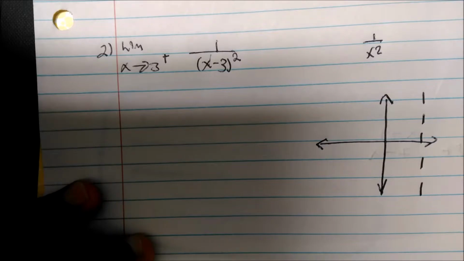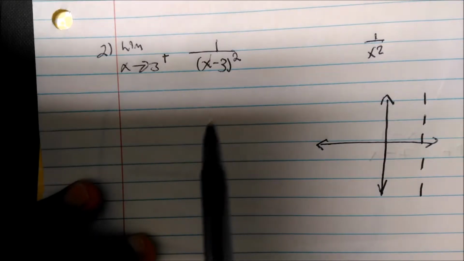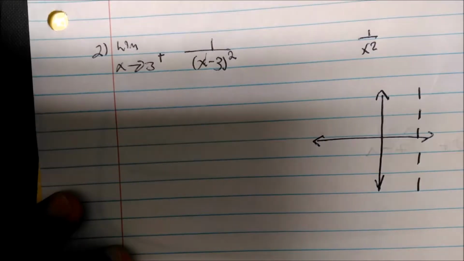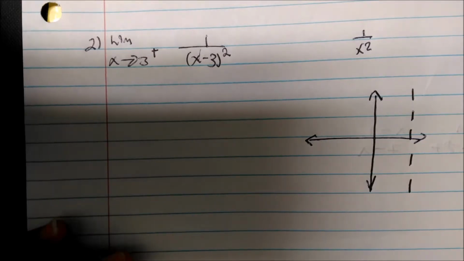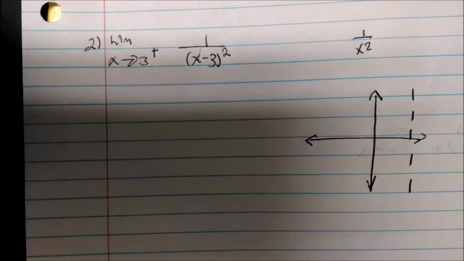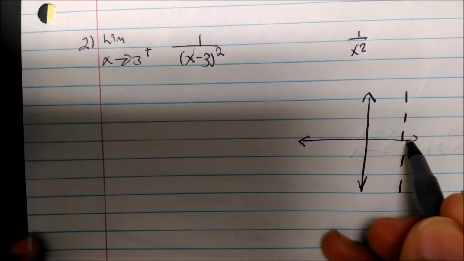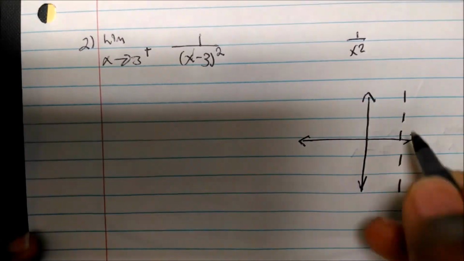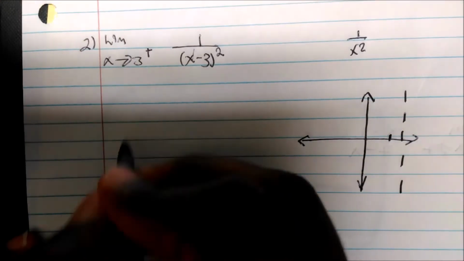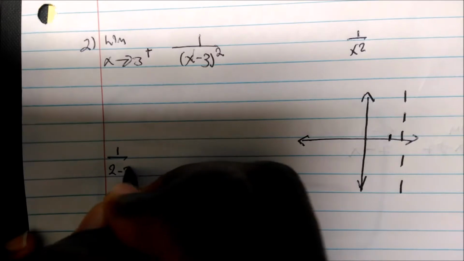We don't have any x-intercepts again, and if there were, we would have put them on the graph, because graphs do weird things at x-intercepts and vertical asymptotes. So let's plug in some numbers. This is 3, so I could plug in 2, which would be over here. So 1 over 2 minus 3 squared.